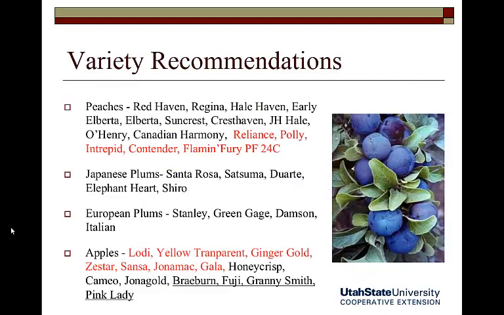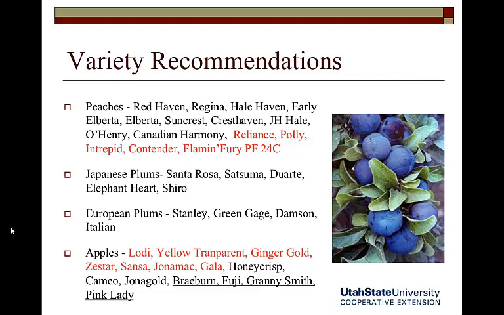If you look at peaches, again, a very short list of peaches. Box Elder County growers, some of them will have as many as 40 different varieties of peaches. Once they start taking peaches to the fruit stands, they want to have fresh peaches from that date clear until the end of October.